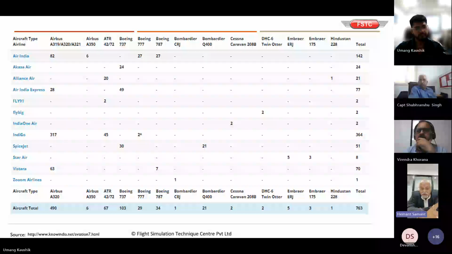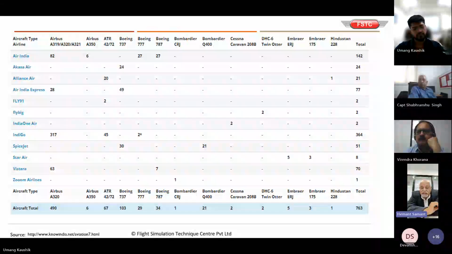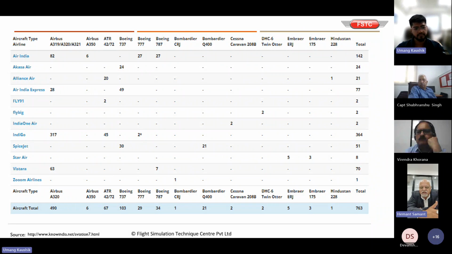But yes, it is true what Captain Shubhranshu said, ATR is a very, very hot cake. People are selected immediately if they are good and type qualified on ATR, because there is a big fleet expansion. ATR by Indigo is going to be the world's second largest operator.